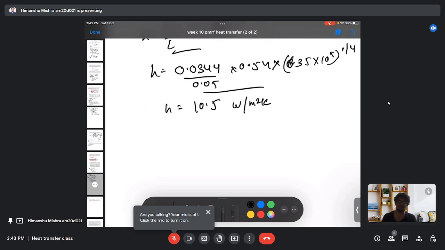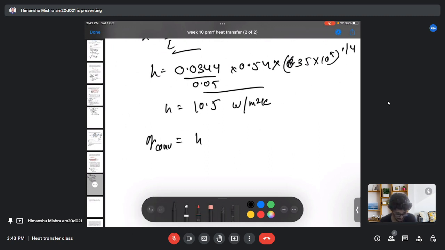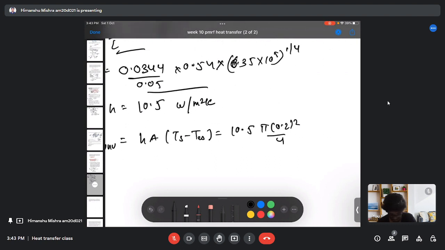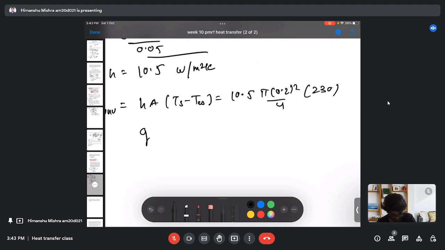So now we got the heat transfer coefficient. I can just use Newton's law of cooling to find the heat transfer due to convection. So my heat transfer due to convection is 75.7 watt.